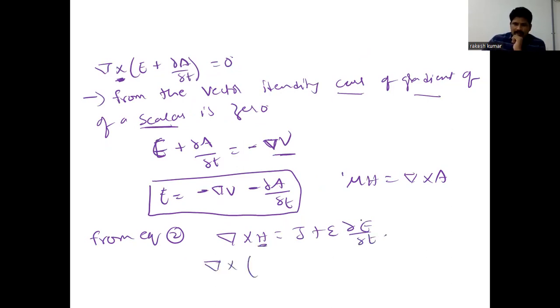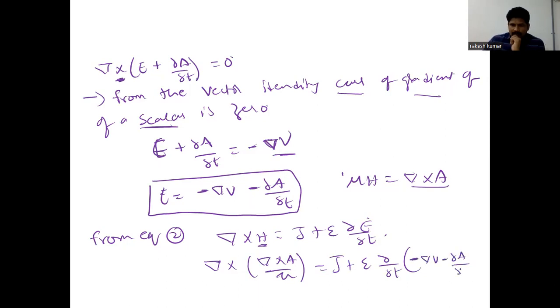What is the value of H? Del cross A by mu. So del cross del cross A by mu is equal to J plus epsilon into dou by dou t of E. What is the value of E? E is equal to minus del V minus dou A by dou t.